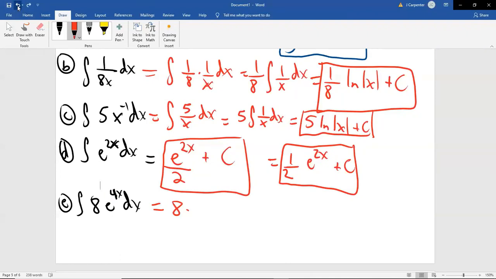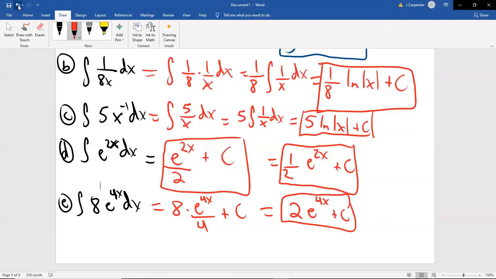We don't add 1 to it. We just divide by that same value because we don't change the exponents of exponentials. So we'll have the times e to the 4x, but then we divide it by 4. Then our plus c. The 8 and the 4 reduce to a 2, though, this time. So that's 2 e to the 4x plus c. So that one, there was a reduction, unlike the previous example.